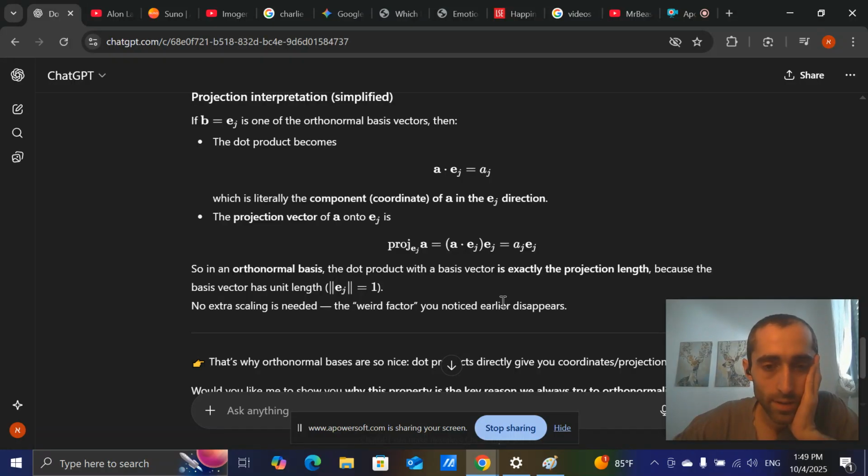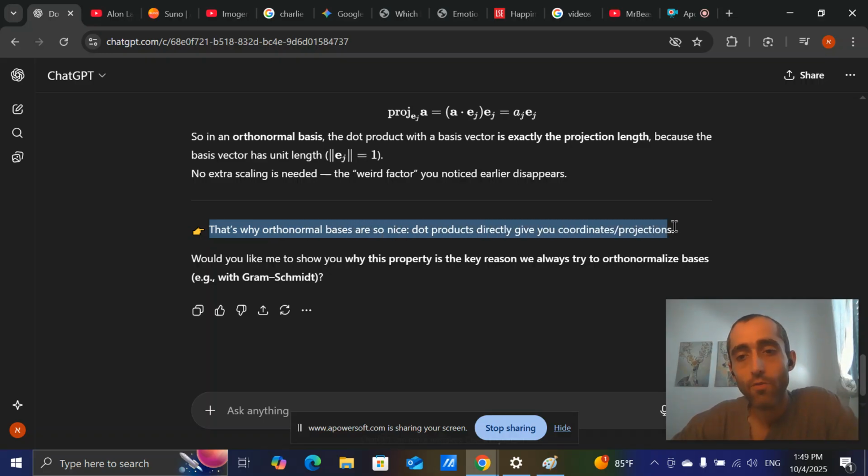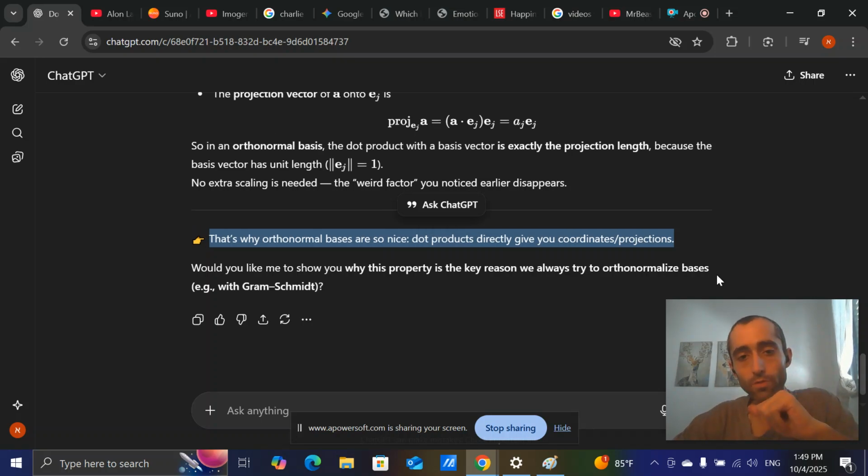It's exactly the projection. So in an orthonormal base, you don't even need to change the dot product. That's why an orthonormal base is so nice. The dot product directly gives you the coordinates of projections. What a beautiful result.